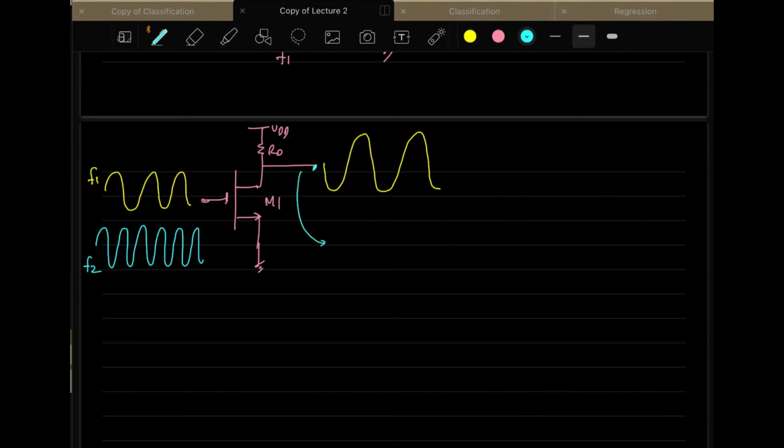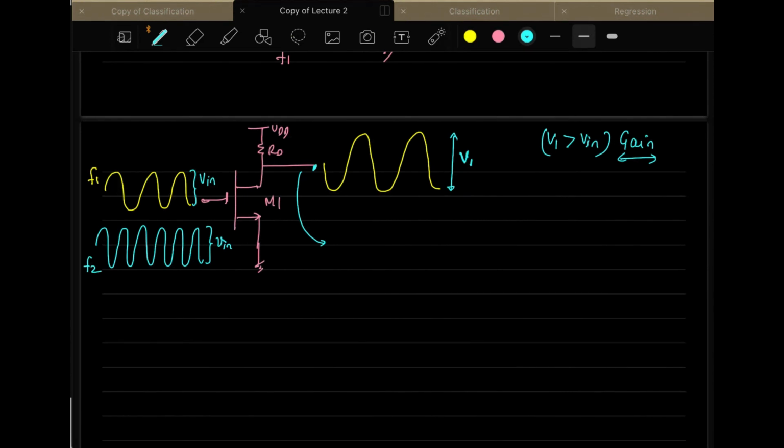Here the output amplitude is V1 and the input amplitude is V in. In the first case V1 is greater than V in, because only then will gain happen; otherwise there will be no gain from the MOSFET M1.